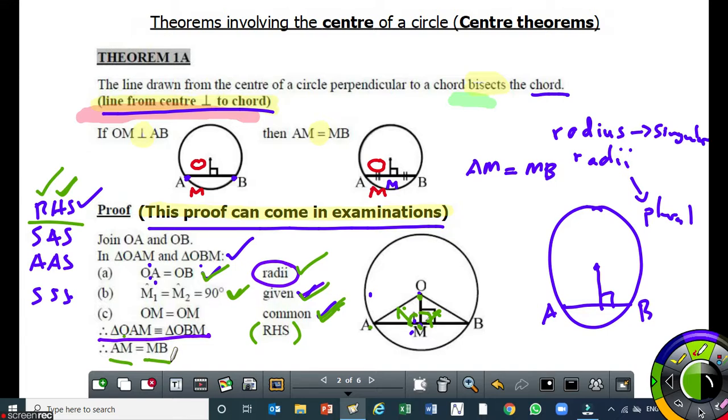You have to do the construction of OB and AO. The question will say, using the diagram below, prove the theorem which says the line drawn from the center of a circle perpendicular to a chord bisects the chord. That's all. So you are expected to know everything. You have to memorize it.